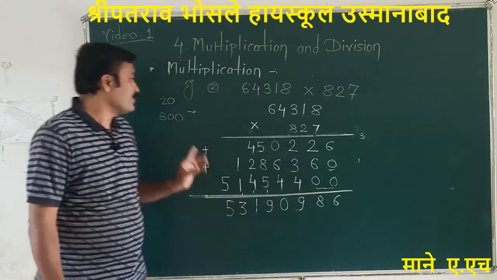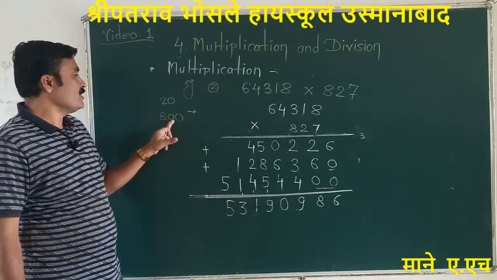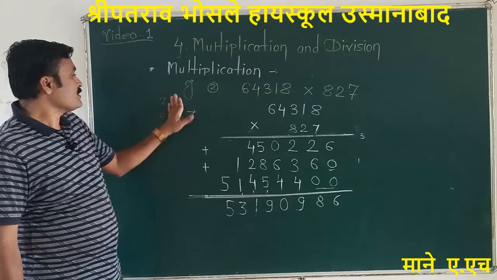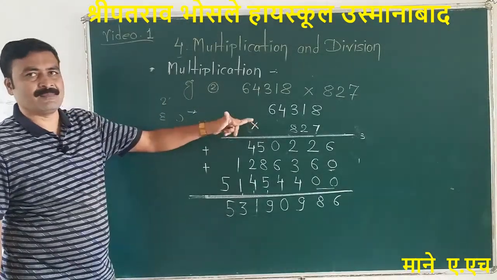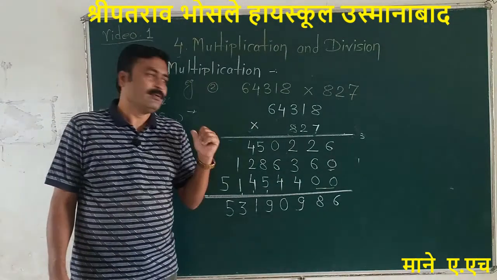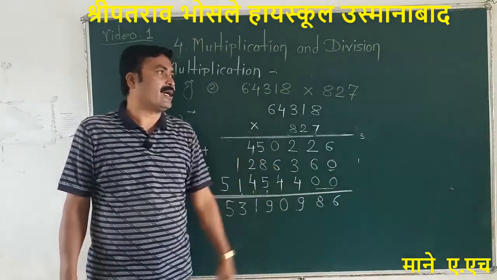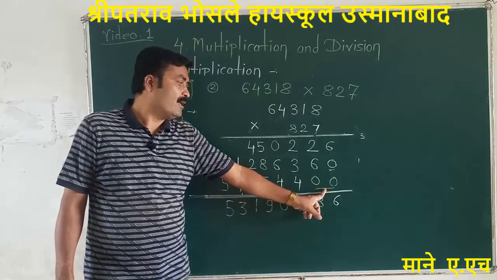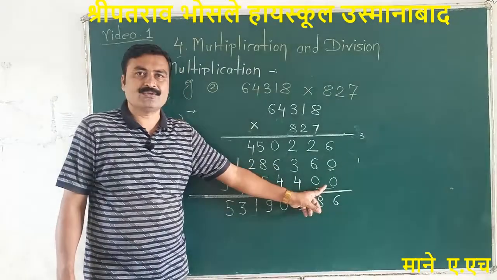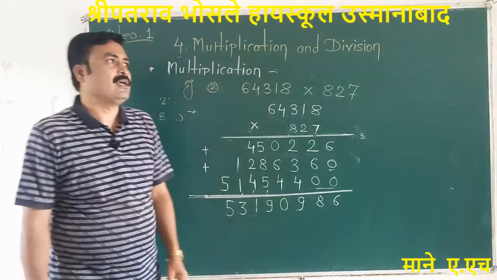And after taking this 1 zero, 2 zeros, we start multiplication by 2 and 8 simply. So I hope you understand the reason why we take this 1 zero and these 2 zeros in this multiplication process.